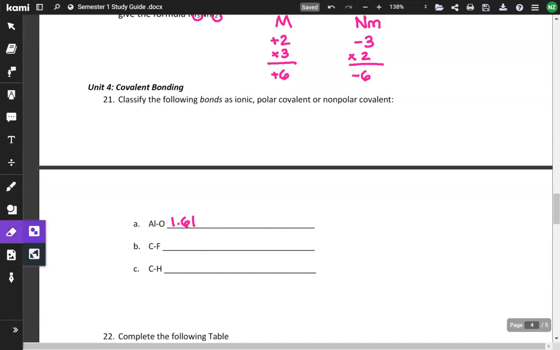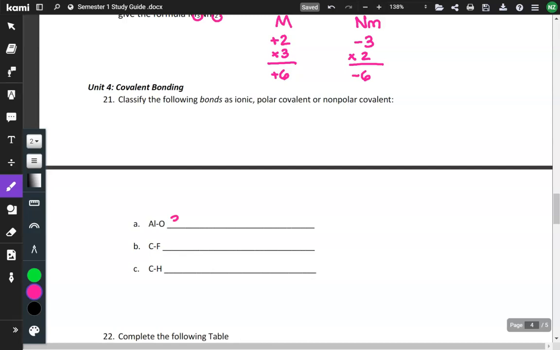So I actually did that backwards. So 3.44 minus aluminum, which is 1.61. So if I subtract those two numbers, 3.44 minus 1.61, I end up with 1.83. And there's a scale at the bottom of the periodic table, and in that range, that is going to be ionic.